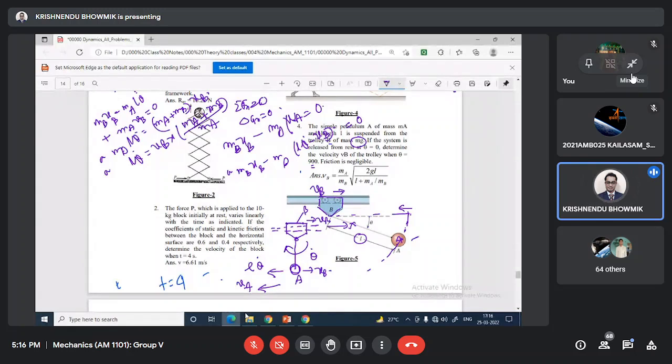From the angular velocity theta dot, we can get the linear velocity.